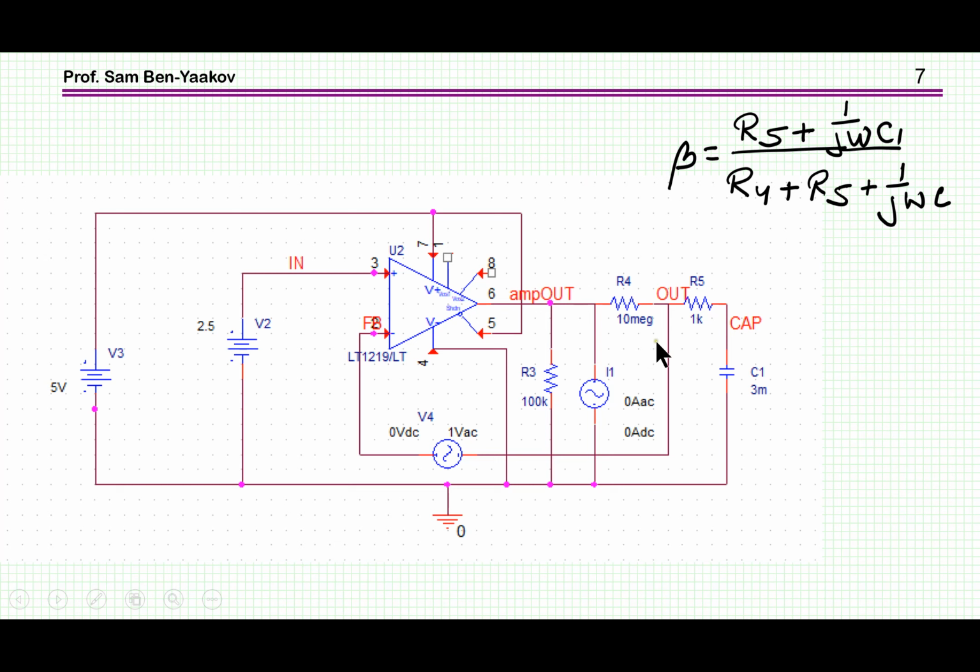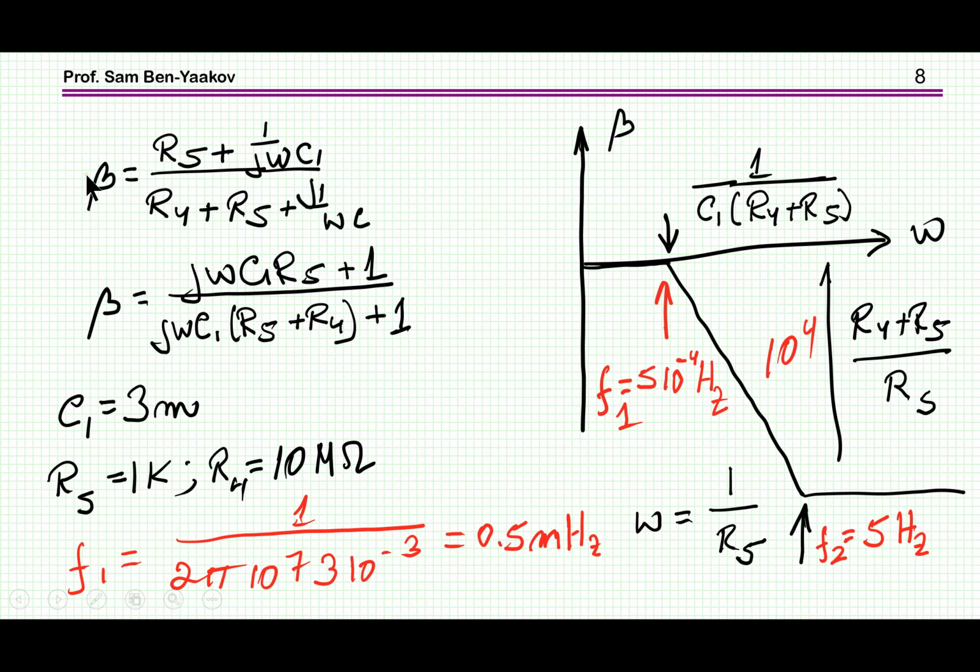This is 10 meg, this is 1K, and this is 3 millifarad. And of course the transfer function will be this, R5 was 1 over j omega C1, this is this one, divided by the whole thing. And here it is, so this is the beta.